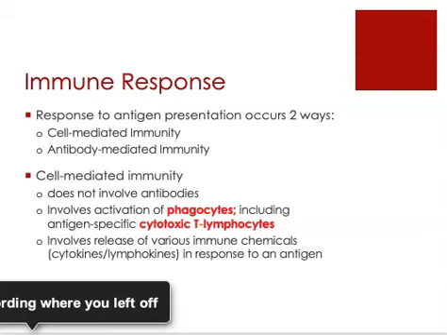And just like we saw on the innate side of the immune system, these cells will release a variety of these immune chemicals, cytokines again, and lymphokines, in response to coming into contact with this antigen.